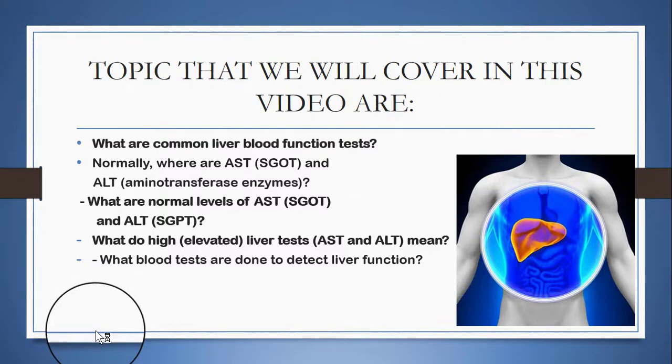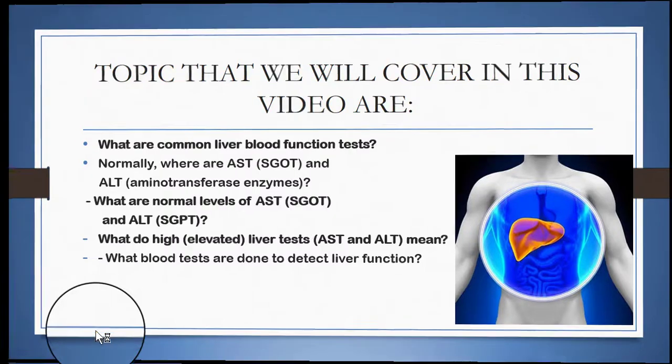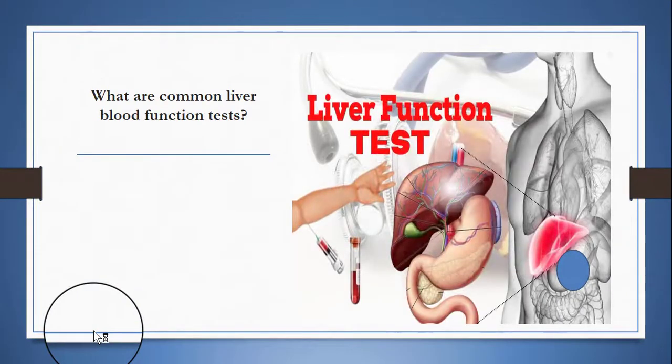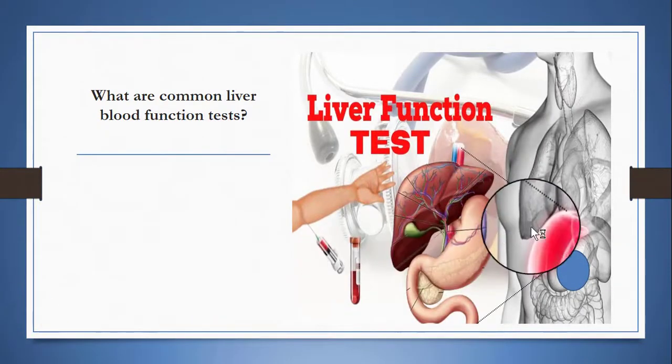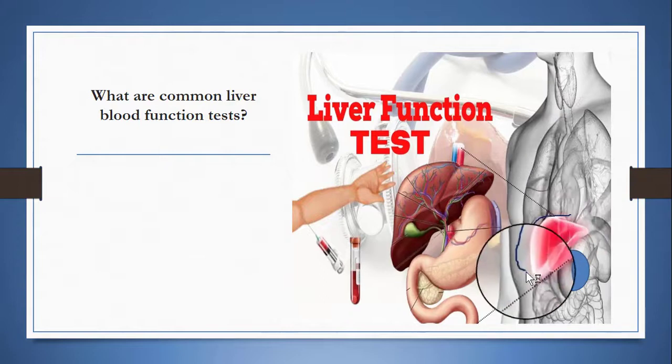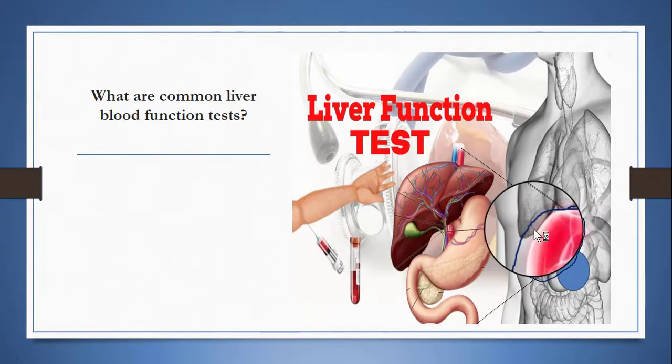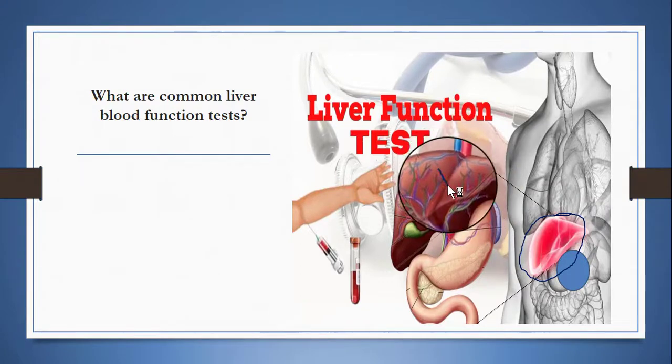So let's start. First of all, we'll talk about what the common liver blood function tests are. Liver blood tests are some of the most commonly performed blood tests. These tests can be used to assess liver function or liver injury.